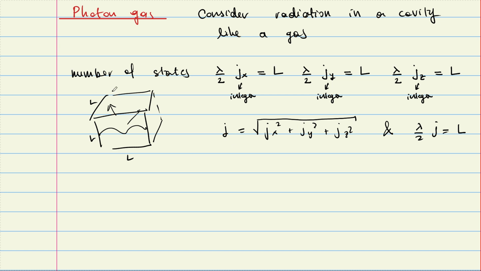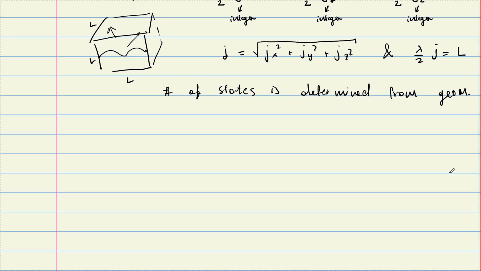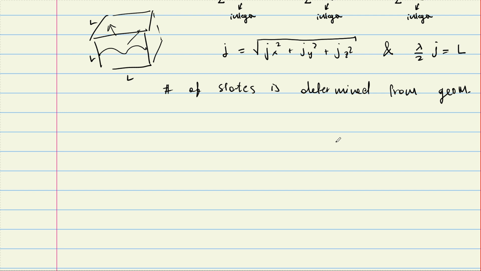Now we need to determine the number of states, and the number of states is determined from geometry. So let me just give you the picture in 2D. In 3D you can generalize it. So suppose this is jx and this is jy, and in each direction I have many dots, right?